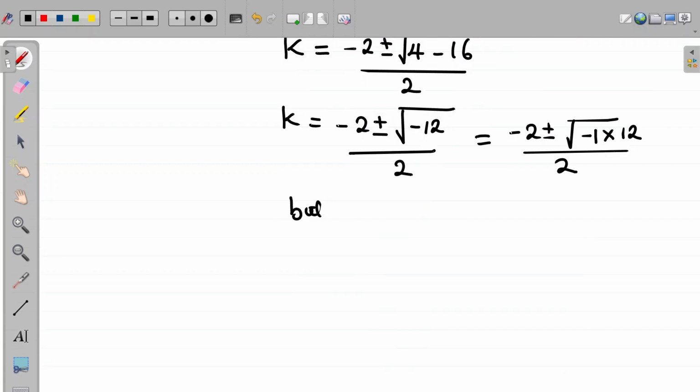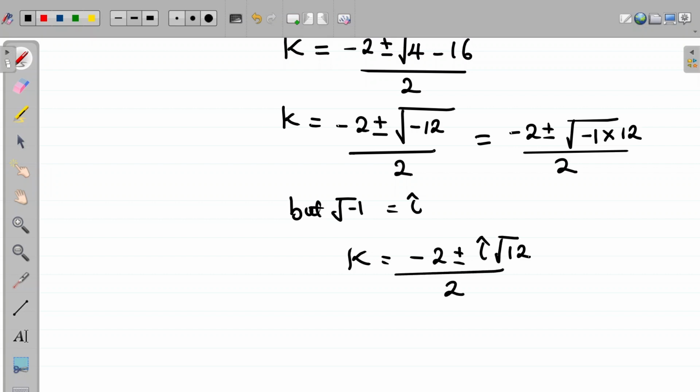But root of minus 1 is equal to i. So we obtain that k is equal to minus 2 plus or minus i root of 12 divided by 2.